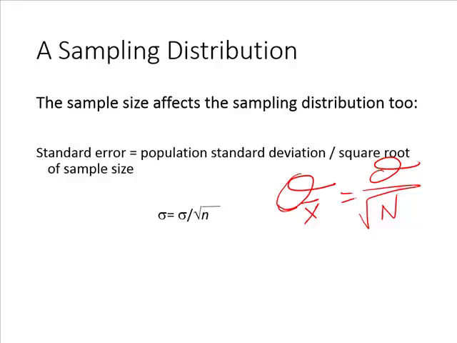So let's think about this. What happens to the standard error as n goes up, as we have more and more and more observations? It goes down. Why, Jake? Because more possibilities can get. Maybe.